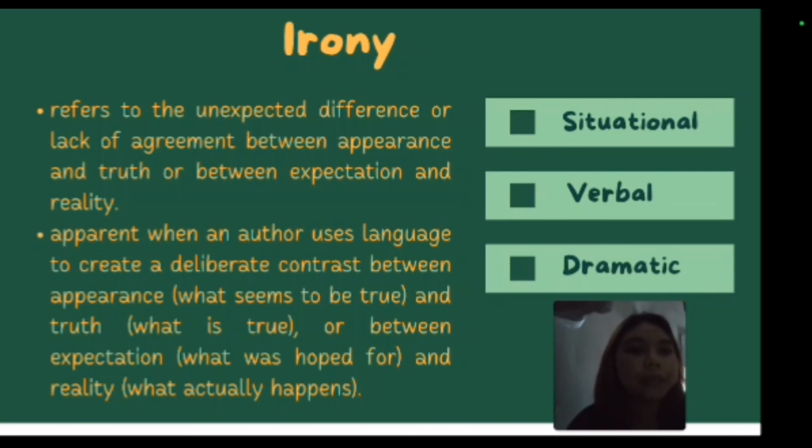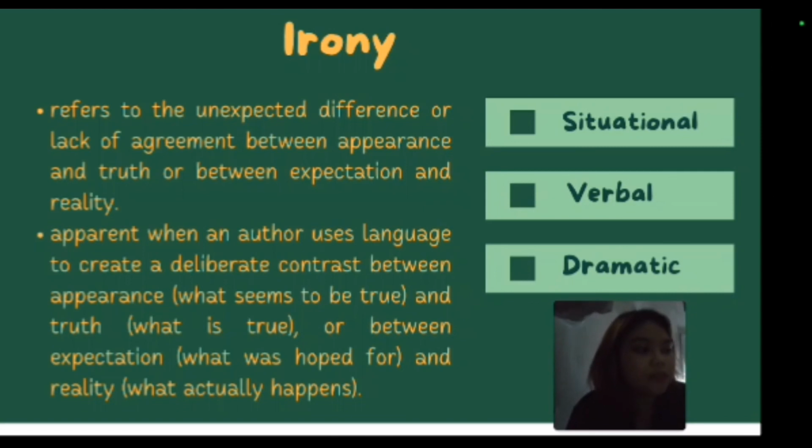Simply put, irony are those events that make a turn in the story, those events that we did not expect. We have to determine: did something happen in the story that we did not expect?